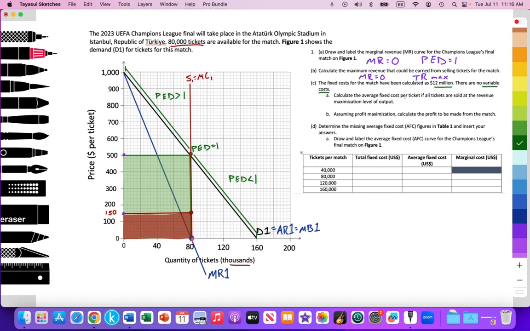Calculate the average fixed cost per ticket at the quantity of output at revenue maximization. MR equals 0 at a quantity that's equal to 80,000. We already covered that in a previous video, but we'll see this again in our workings down here. And assuming profit maximization, calculate profit to be made from the match.